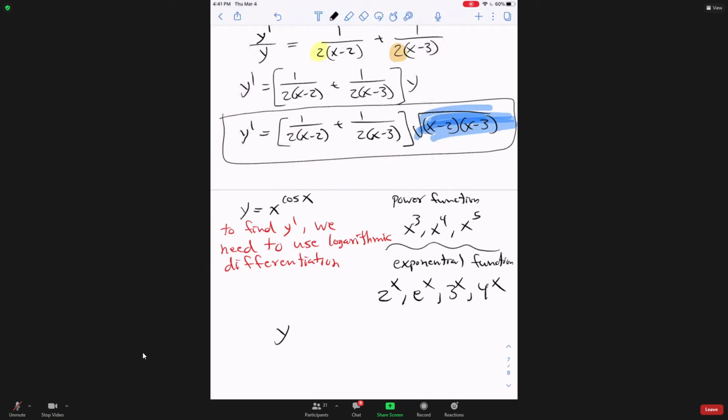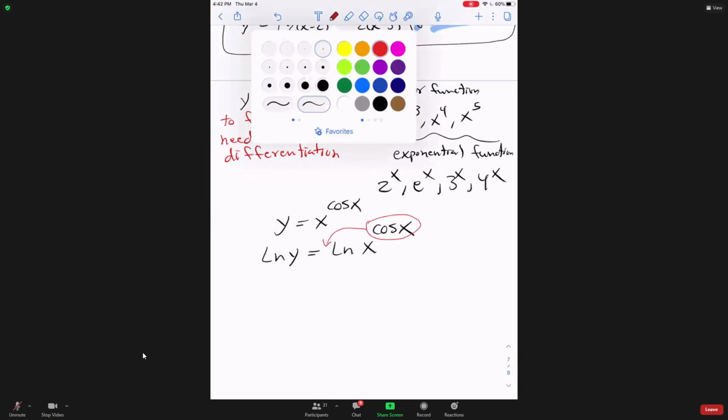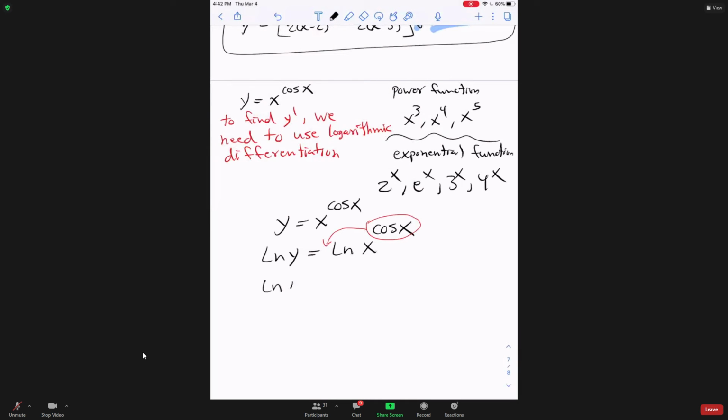So the question is, y equals x to the cosine of x. We're going to take the natural log of both sides. So natural log of y equals the natural log of x to the cosine of x. This allows us to use the property of logs to bring the exponent downstairs. So we got natural log of y equals cosine of x times the natural log of x.